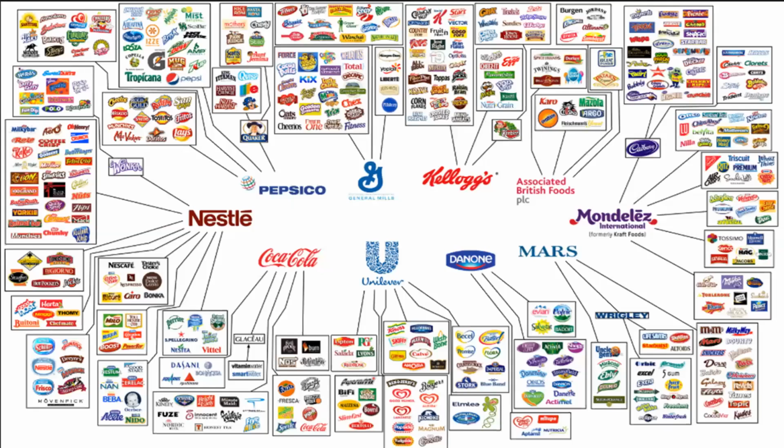So if you look at the olden days, normally they call it FMCG, fast moving consumer goods, right? Normally these companies controlled all the products. If you go to any retail store and take any product, mainly these companies will be there. They have different brands. For example, if you look at Unilever, these are the different products.